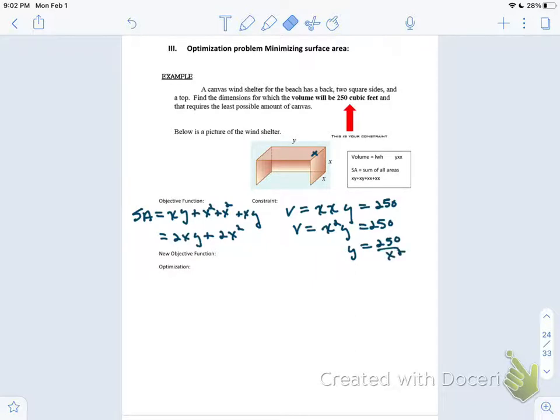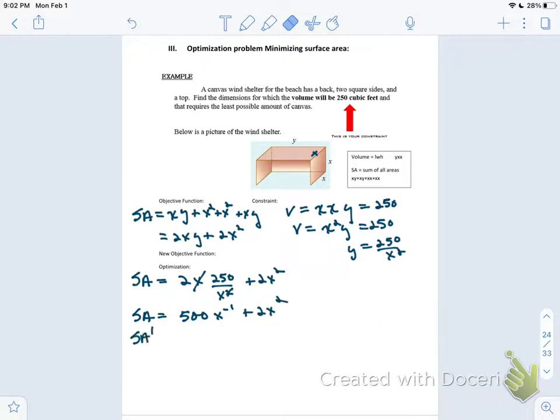Okay, so here's your new objective function. Surface area is my objective, and it's going to be 2x times y, and y is 250 over x squared, and then plus 2x squared. Okay, so this x cancels that power, so I can rewrite this now as 500 x to the negative 1 plus 2x squared.